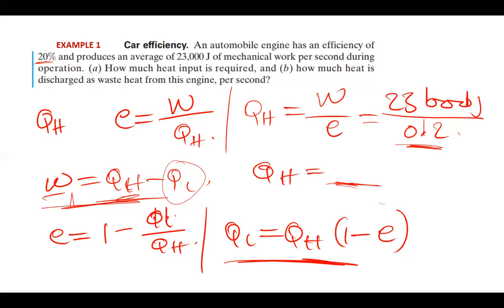Apart from formulas that involve entropy, we also have to look at the formulas for the refrigerator and the air conditioners, because we know that their efficiency is different from this efficiency. They are slightly different, but instead of calling it efficiency, we call it the COP.